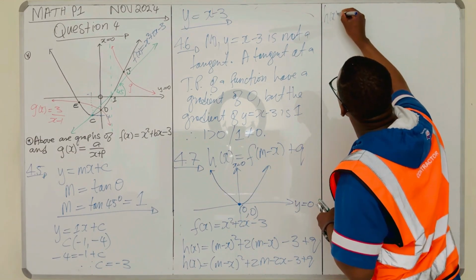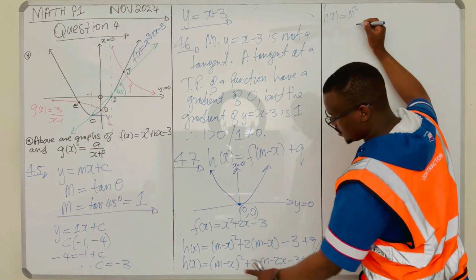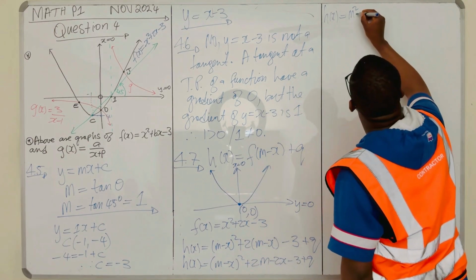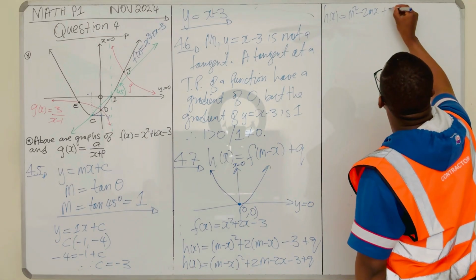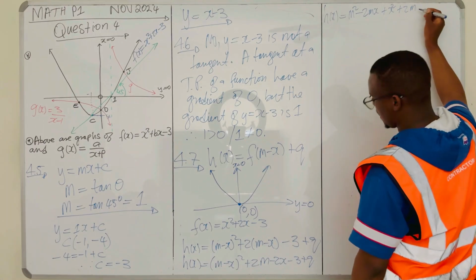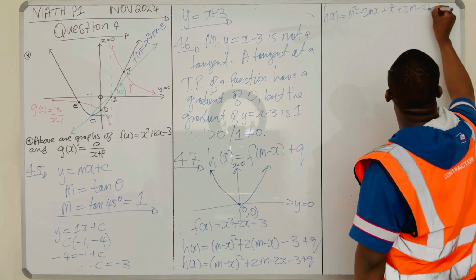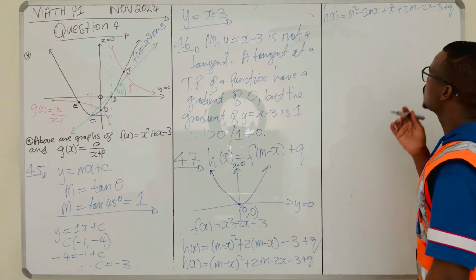So we'll say h of x. I thought we were going to skip it. It's m squared, right? Yes. If you multiply this bracket out, minus 2mx, do you agree? Yes. Plus x squared plus 2m minus 2x minus 3 plus q. Do you agree? Yes.